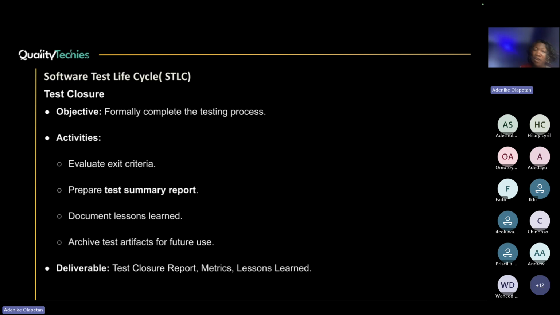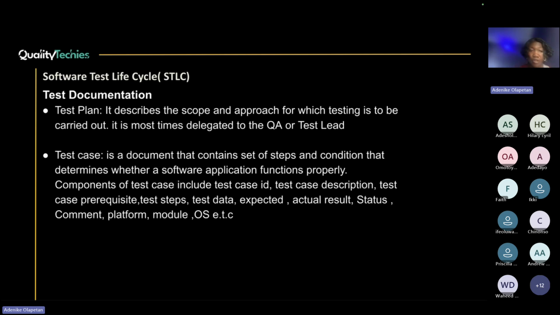She has recommended that this should be tested in another phase of the test before it is deployed to the customers. So your deliverable for this stage is test closure report, metrics, and lessons learned about the product.